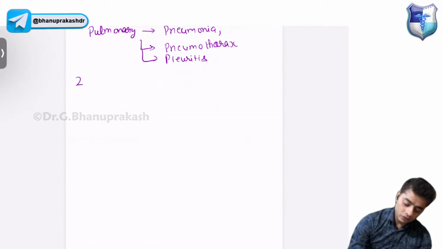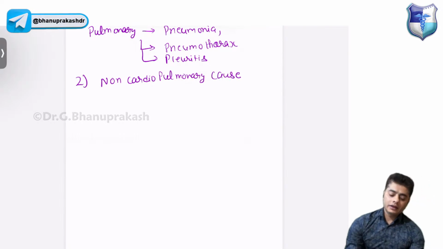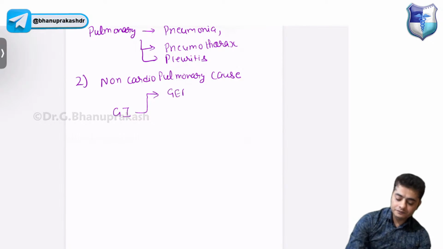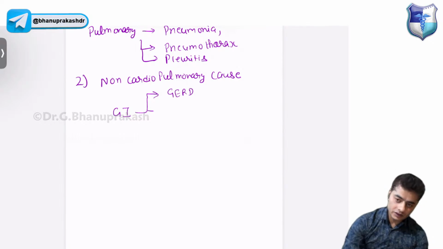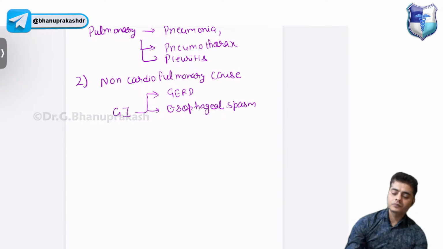Now we will come to non-cardiopulmonary cause. And we know the most common cause is GI. So gastrointestinal. It can be divided into GERD. Then esophageal spasm.